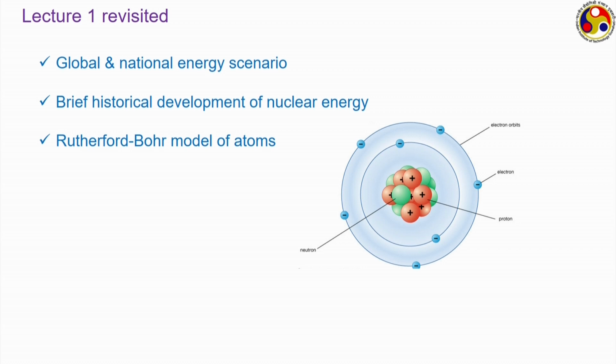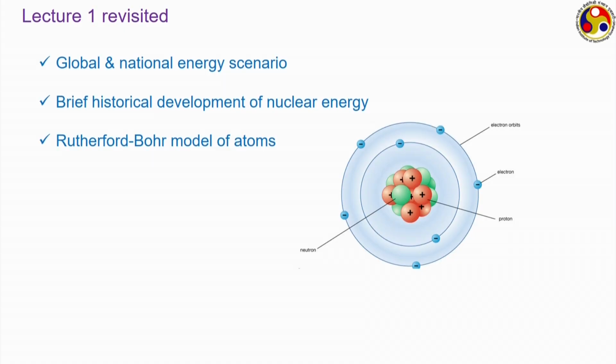While there is a possibility of having several kinds of subatomic particles in the nucleus, for the purpose of this course we are considering only two kinds. One is the proton, which is positively charged, and the other is the neutron, which has more or less a similar mass to the proton, but is electrically neutral. The electrons have the same amount of charge as the proton, but of opposite sense, and their mass is extremely small compared to the mass of proton and neutron.